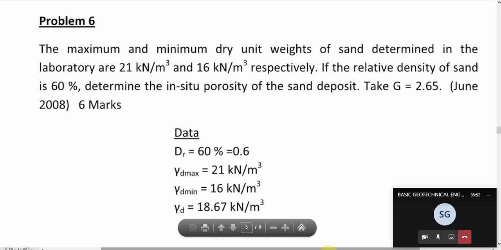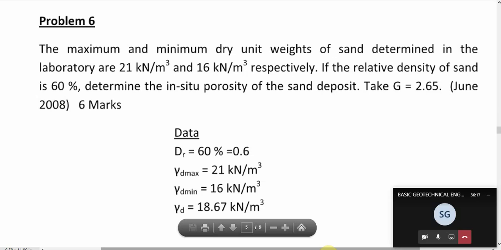Okay, next problem. Please write this down. The maximum and minimum dry unit weights of sand determined in the laboratory are 21 kilonewton per meter cube and 16 kilonewton per meter cube, respectively.